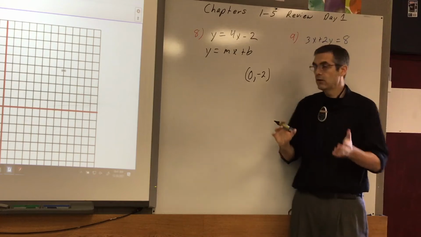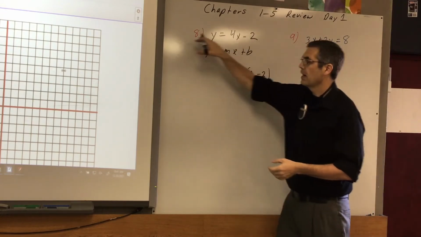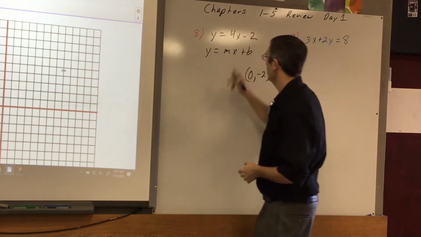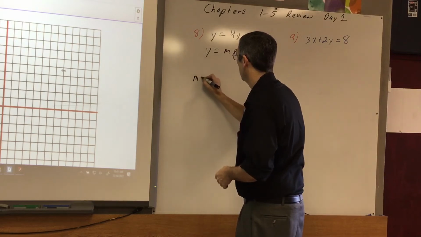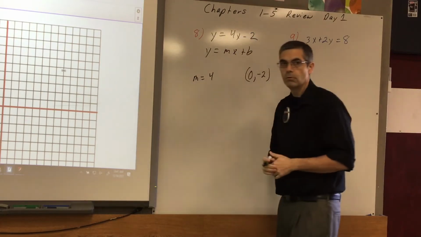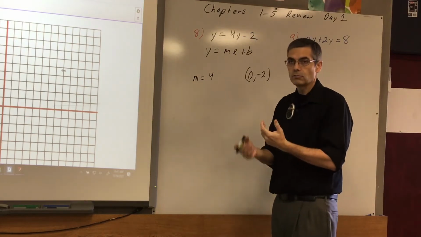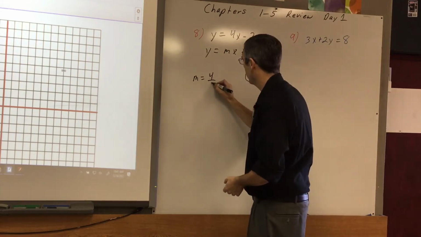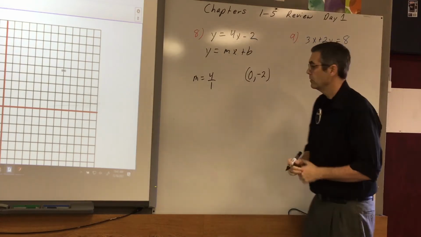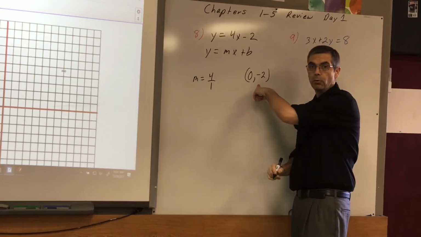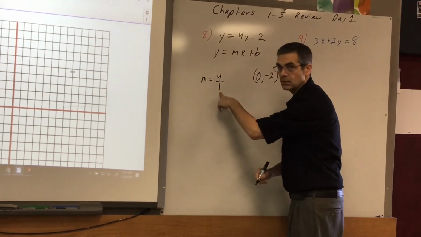And if I know that, now I can graph this line, because this right here is my slope. We want to write it as rise over run, so we put it in as a fraction, 4 over 1. So now I have my first point, and I have my slope.